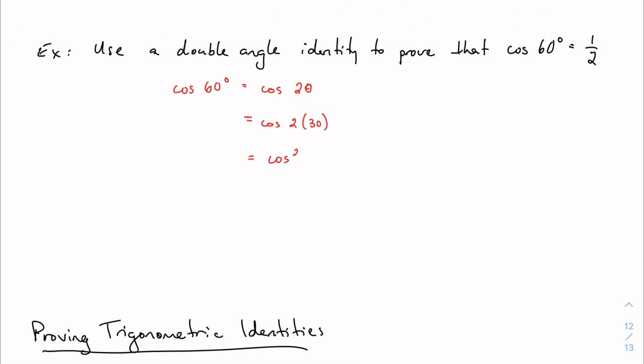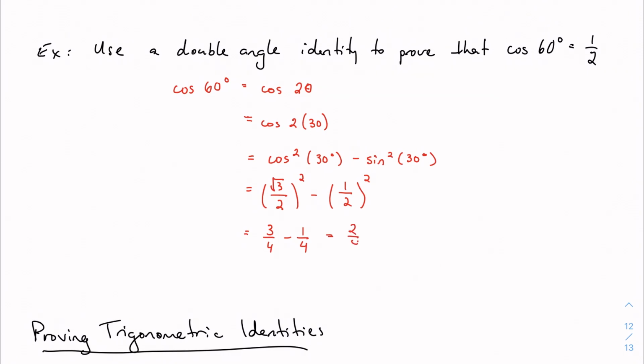So let's show it some love. Cosine squared 30 degrees minus sine squared 30 degrees. We know that cosine of 30 is root 3 over 2, that's going to get squared. We know that sine of 30 is 1/2, that's going to get squared. So I have 3/4 minus 1/4, which is 2/4, which is 1/2. End of proof.